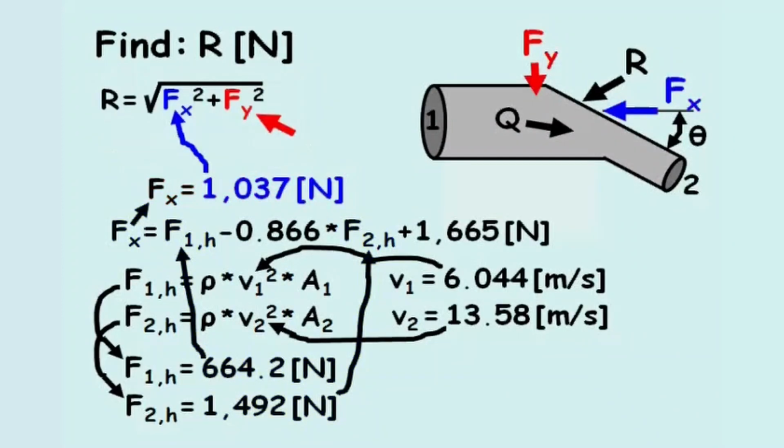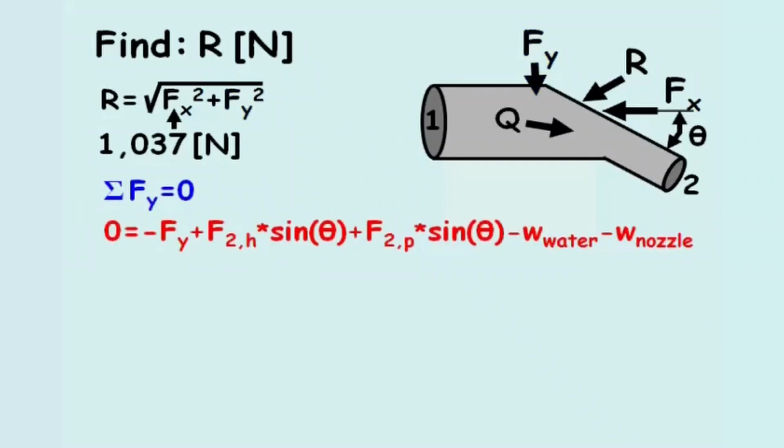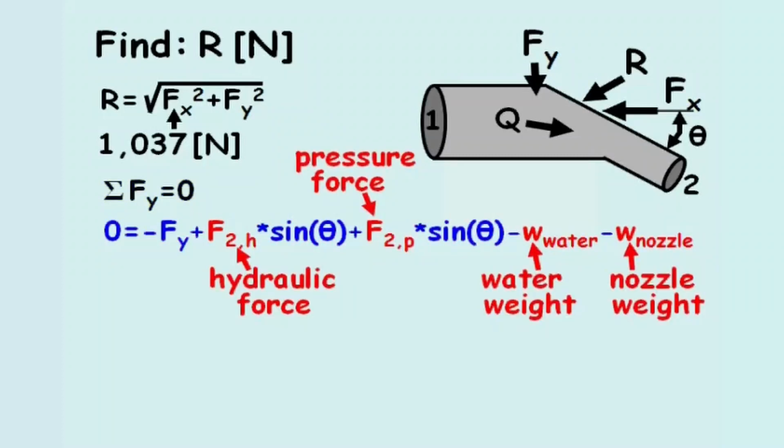Next, we'll solve for the reaction force in the vertical direction, Fy. If we set the sum of the vertical forces in the y direction equal to 0, then 0 equals minus Fy plus the vertical component of the hydraulic and pressure forces at N2 minus the weight of the water in the nozzle minus the weight of the nozzle itself.